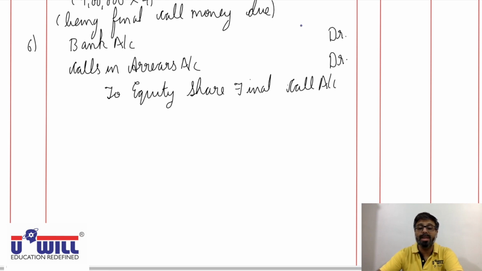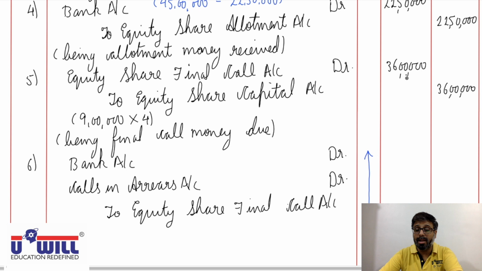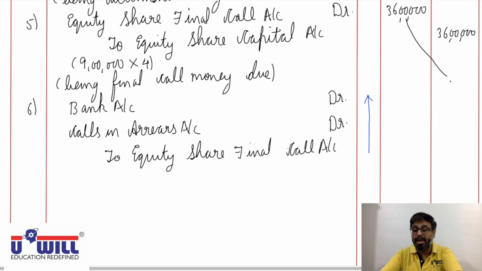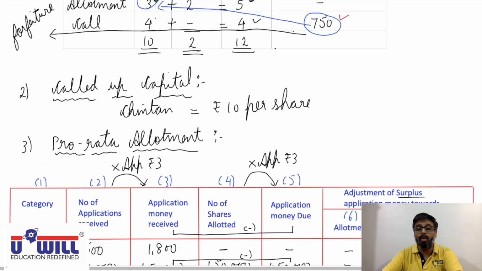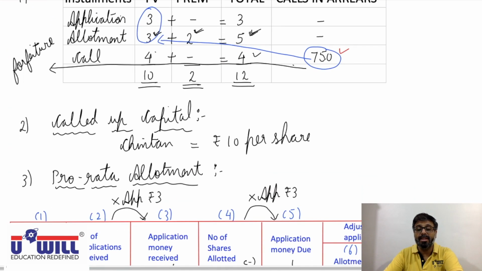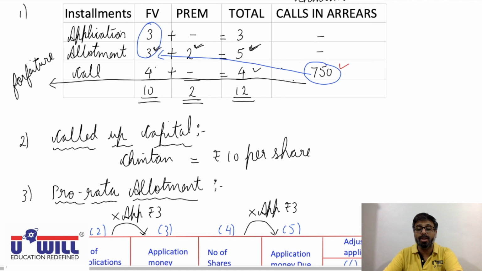Now amounts, as we have been doing in earlier questions, will go in reverse. Very first, final call account we will credit with the full amount of 36 lakhs. Calls in arrears, in working note 1, 750 shares into 4 rupees of final call.